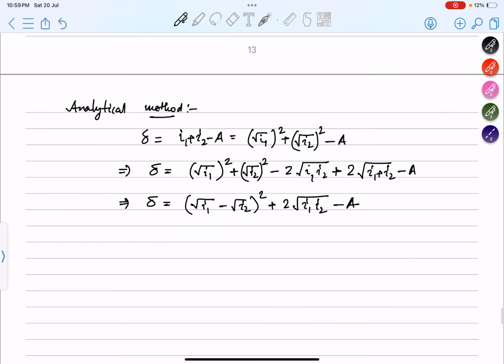Okay, so let us look at the expression first.